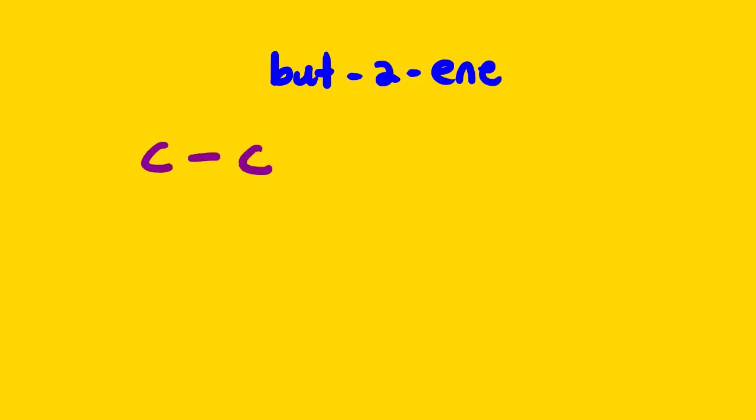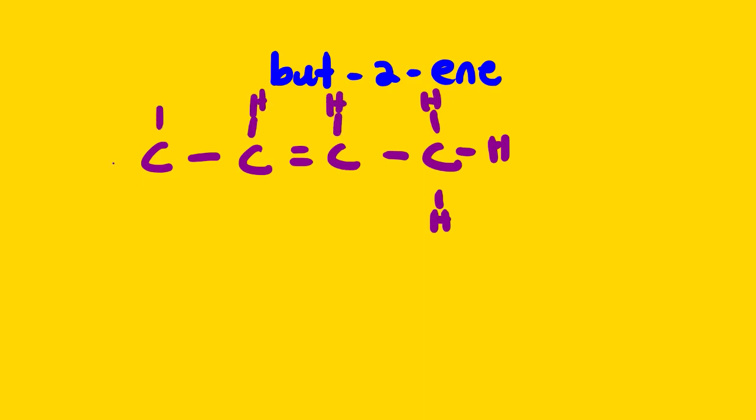We know that but-2-ene has a double bond, and this number represents the position of the double bond. So a simple structure of butene is this structure. And the molecular formula would be C4H8.